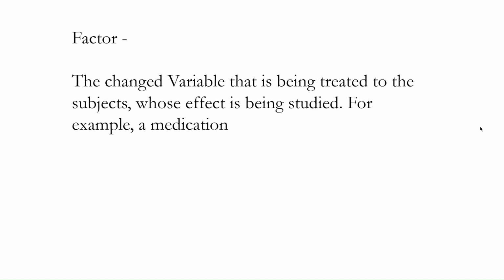In one way, an experiment is much better than an observational study: in cause and effect relationships. If you're trying to find the cause and effect relationship of something, an experiment is much better than an observational study. I'm going to give you an example right now.